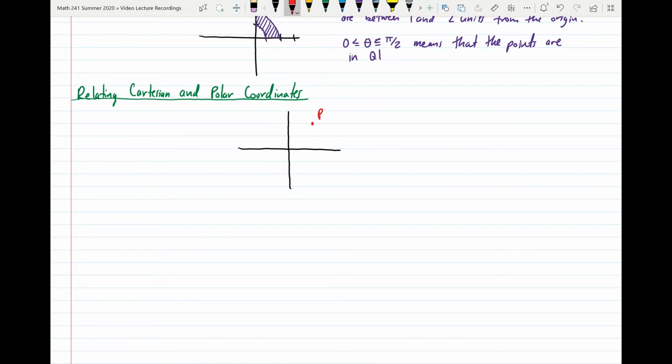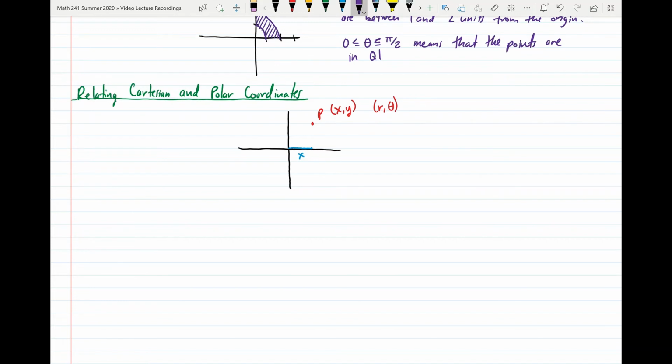And we know that P can be represented by the ordered pair xy in Cartesian coordinates. It can also be represented as r theta in polar coordinates. And if P is represented as xy in Cartesian coordinates, it means that the length of this line segment here, which I've just drawn in blue, is going to be x.